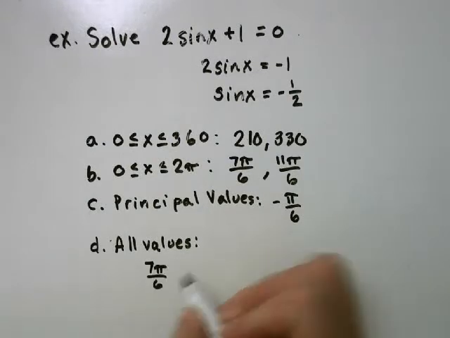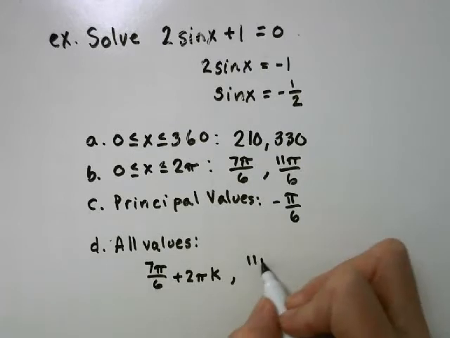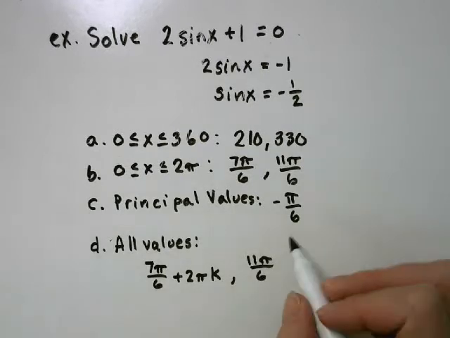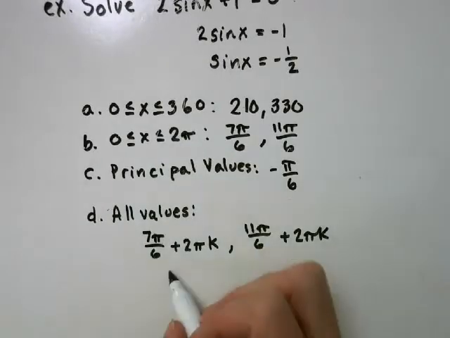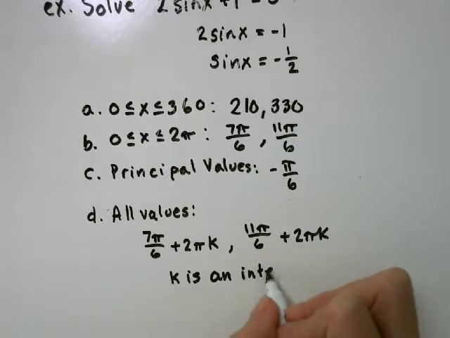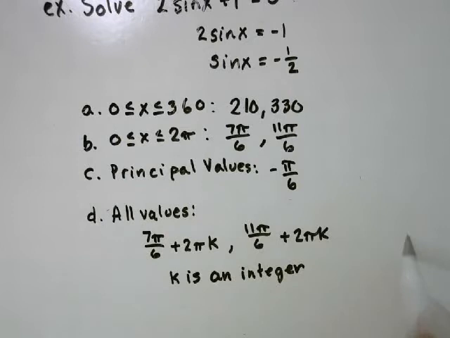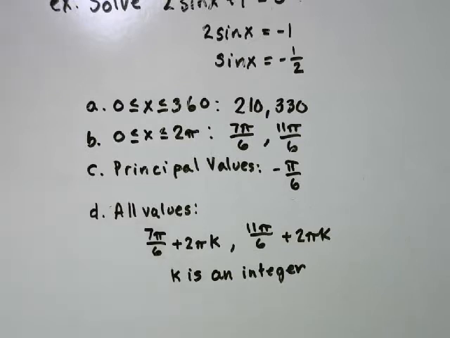That's going to be 7 pi over 6 plus 2 pi k, 11 pi over 6 plus 2 pi k, where k is an integer. Thinking about the unit circle, this just means we're going around another rotation. K being an integer means it can be positive or negative, so we can subtract 2 pi, we can subtract 4 pi, and so on.